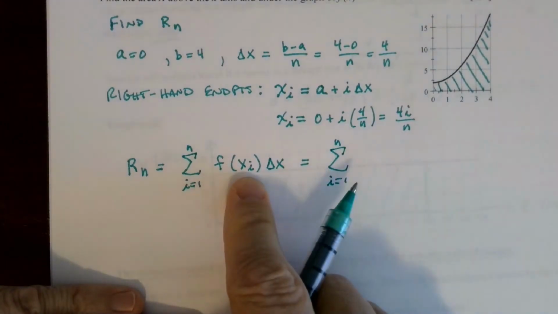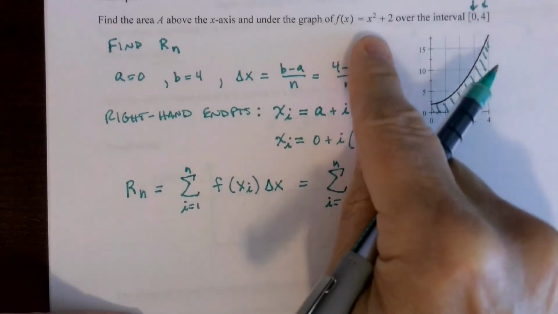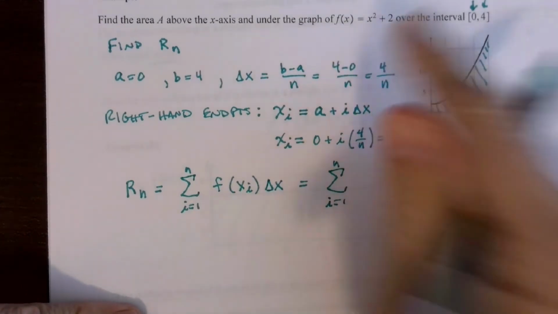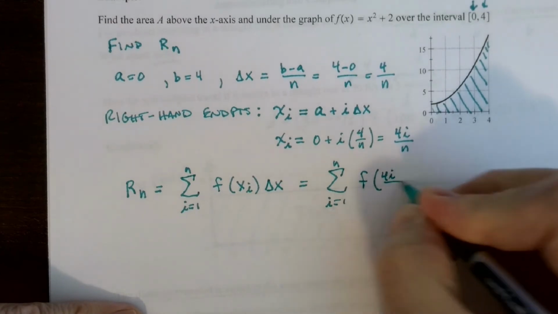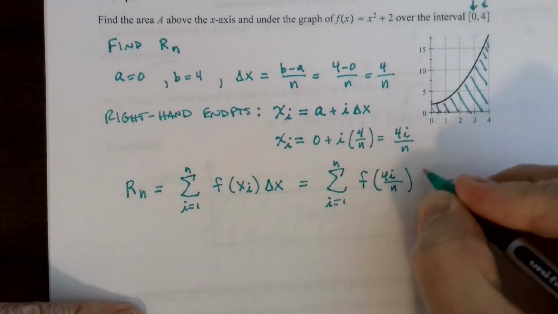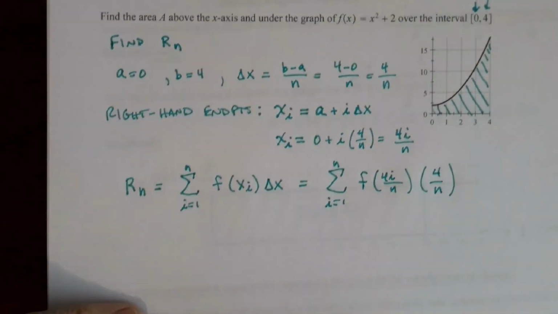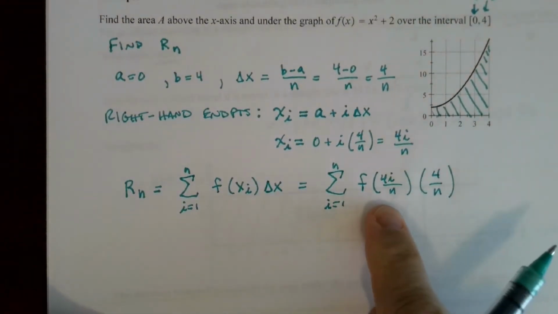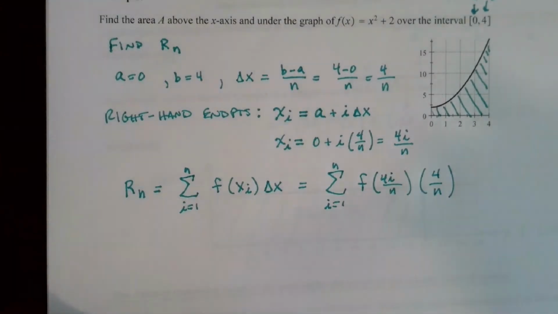f of x sub i. So what is f of x? f of x is this function right up here, x squared plus 2. So this is f of x sub i, which is 4i over n, times delta x. And what's delta x? 4 over n. Okay. So now what is f of 4i over n? What is that?